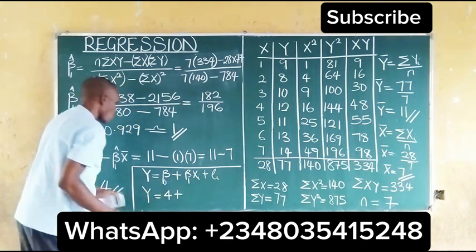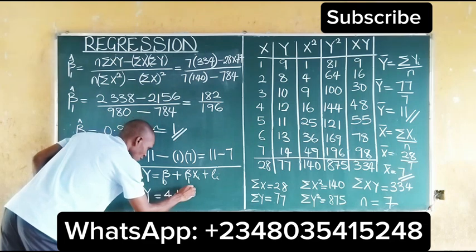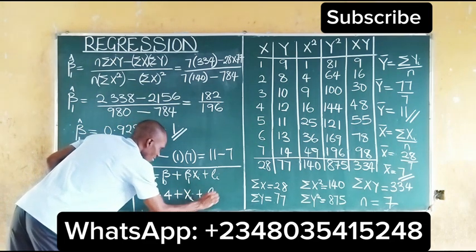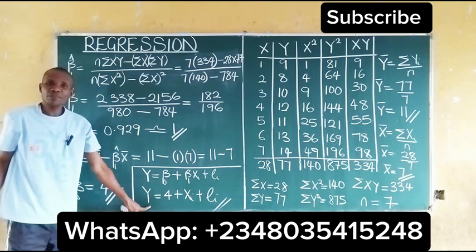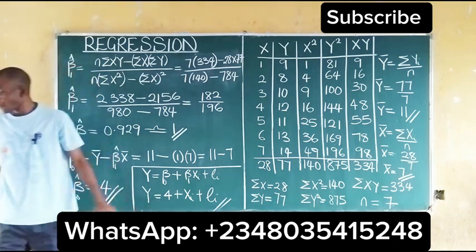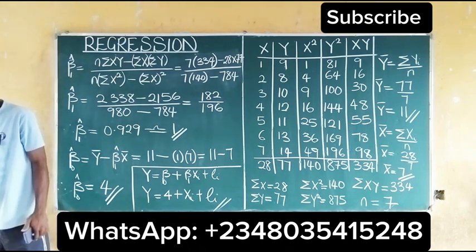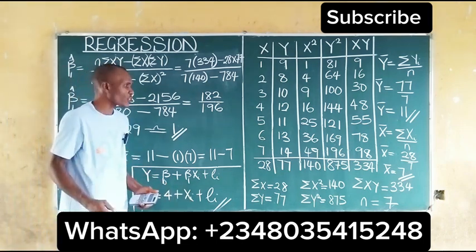Our b1 is 1. So y is 4 plus xi plus our error term. This is simply the model we are asked to fit, or the line of regression, if you may call it like that.